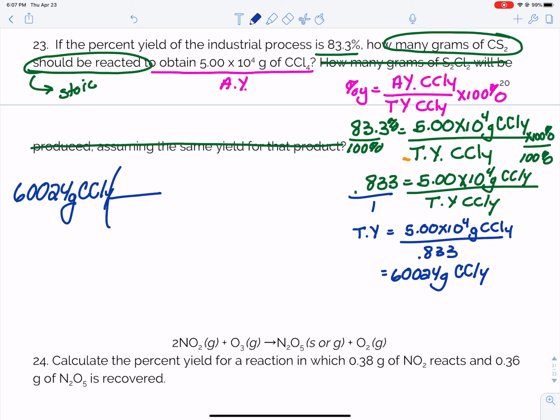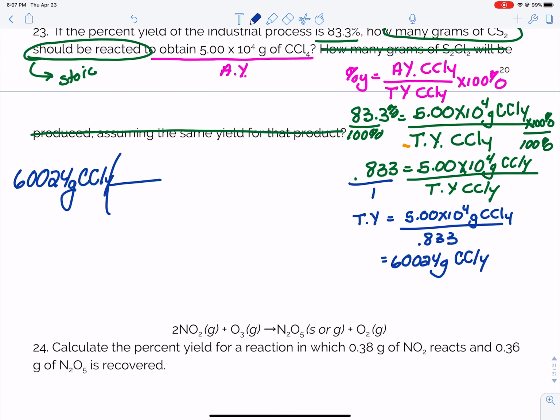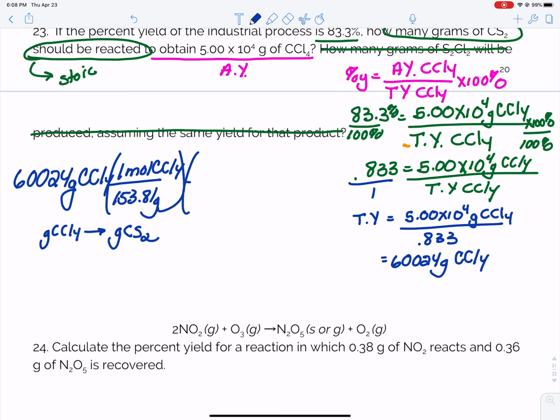But now look at what I'm trying to find. Look what I circled here, grams of CS2. So I'm basically going from grams of CCl4 to grams of CS2. 1 mole of CCl4 is 153.81 grams. According to the balanced chemical equation, 1 mole of CS2 will be used to make 1 mole of CCl4.